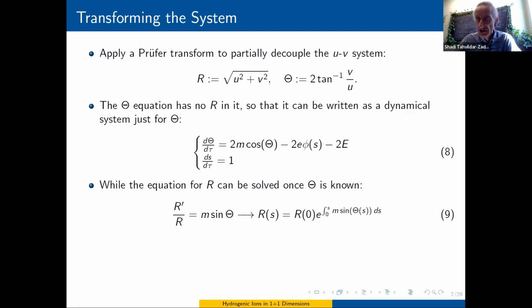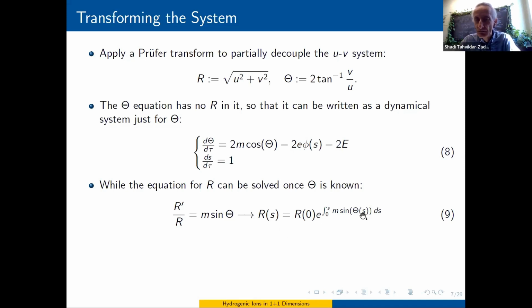And the condition we had on the UV system was that the solutions we were looking for had to be square integrable. So this UV have to be square integrable, which means that this capital R has to be square integrable. And when you look at what capital R is, you quickly realize that this exponential factor must go to 0 as S goes to infinity. Otherwise, capital R has no chance of being integrable, right?